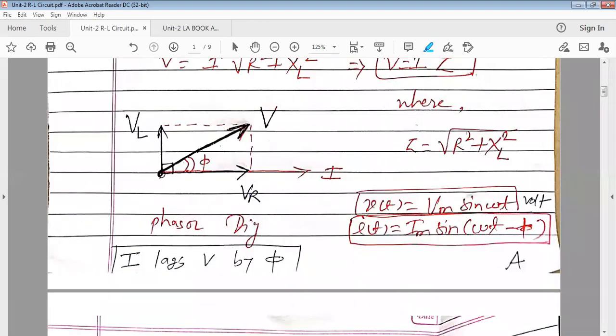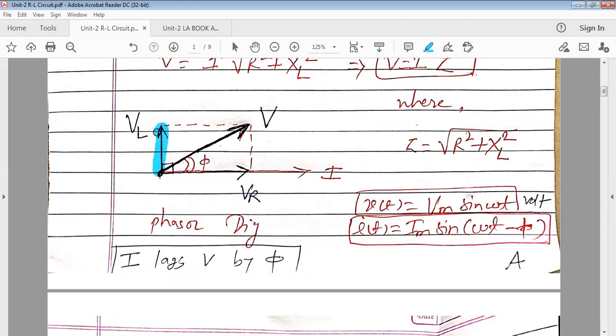As the same current is flowing through all the components, I am taking current as a reference along the positive real axis. Just now you told me there is no phase difference between I and VR, because for resistance I and VR are in phase. Then for inductor we have seen current lags voltage by 90 degree, nothing but for inductor voltage leads current by 90 degree.